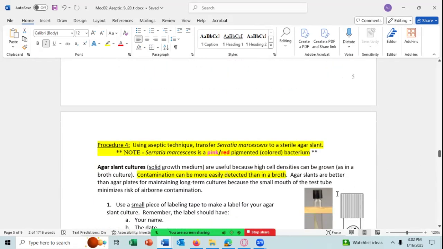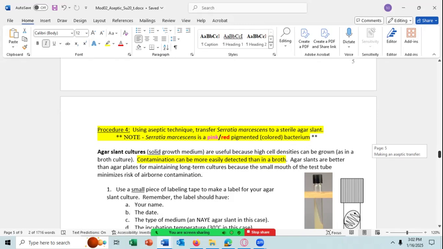In procedure 4, you're going to use aseptic technique to transfer Serratia marcescens to a sterile agar slant. Serratia marcescens, when it grows in a solid media, should have red pigmentation to it.